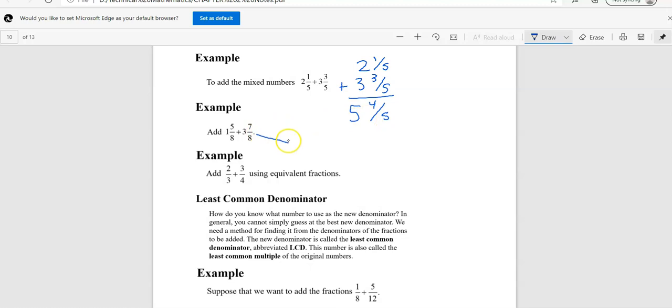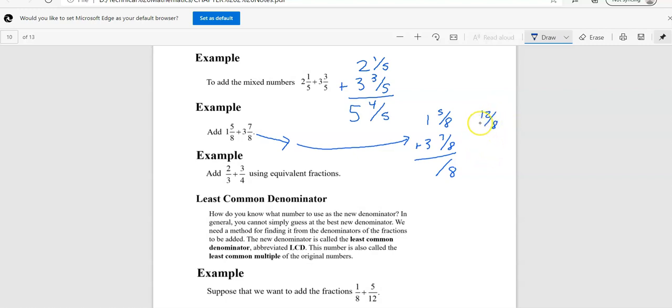Let's look at this one. So let me come over here so I have a little bit more room. So 1 5/8 plus 3 7/8. Well, we've got 8. 7 and 5 is 12. And I can put a 12 right here. Let's just talk about what that is. 12 eighths. Okay? That's more than 1 because 12 is bigger than 8.